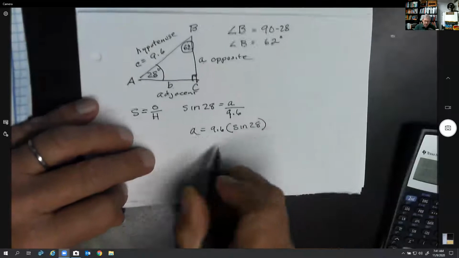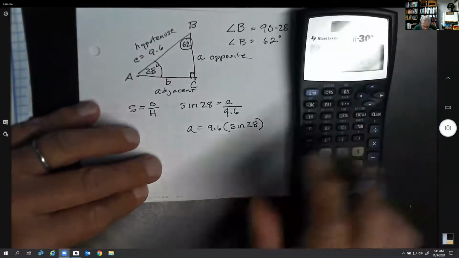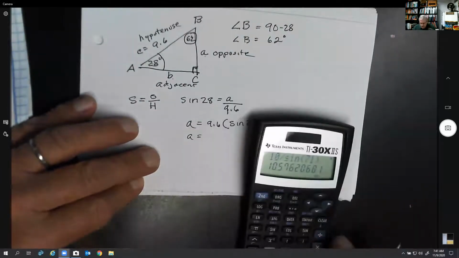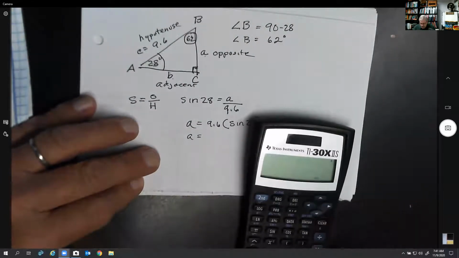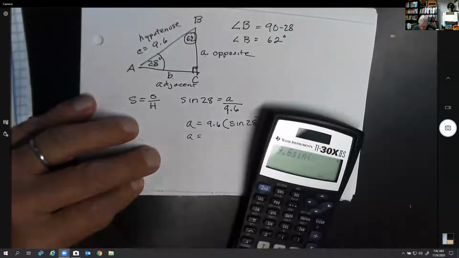When I put this in my calculator, I really don't even have to put the parentheses. I can just do it this way. A is, let's clear this out, 9.6 sine, and the calculator knows automatically I want it to multiply 28. Doesn't know the angle.